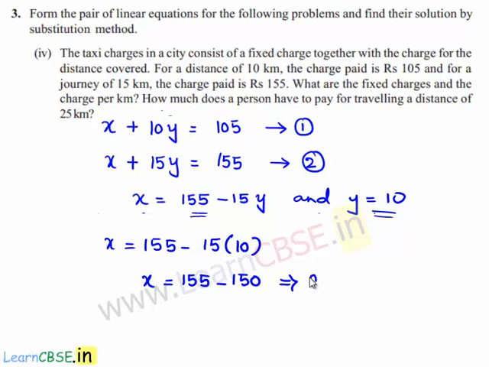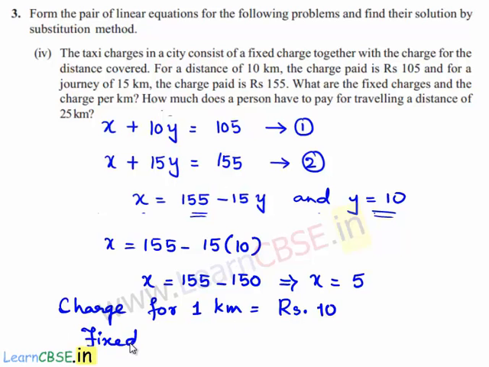Therefore, X is equal to 155 minus 150 is 5. So, the charge for 1 kilometer is rupees 10 and fixed charge is equal to rupees 5.